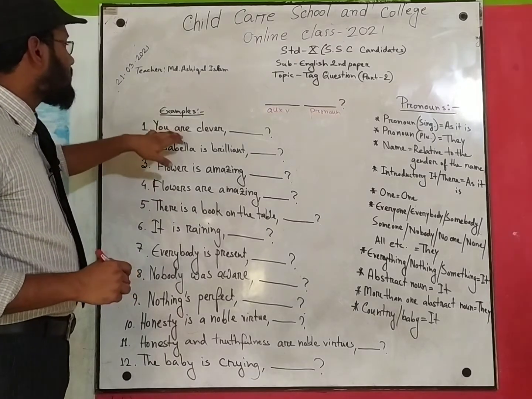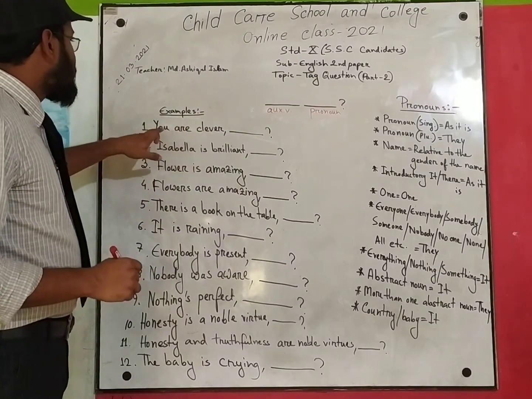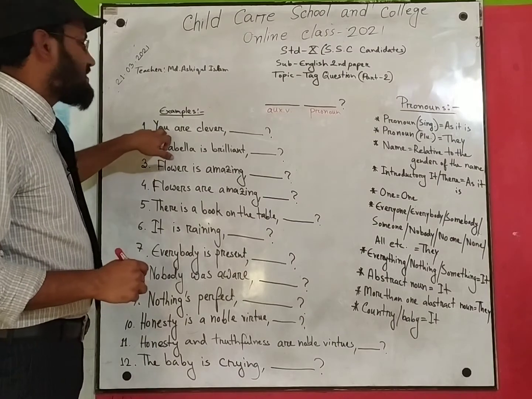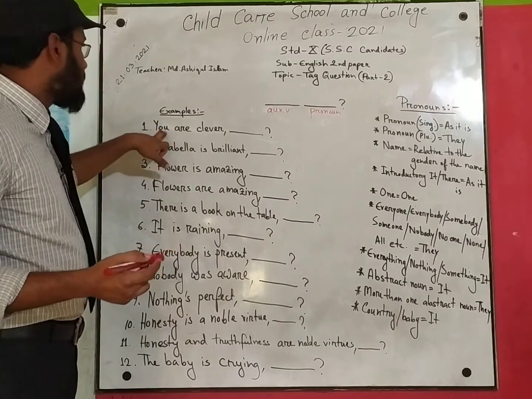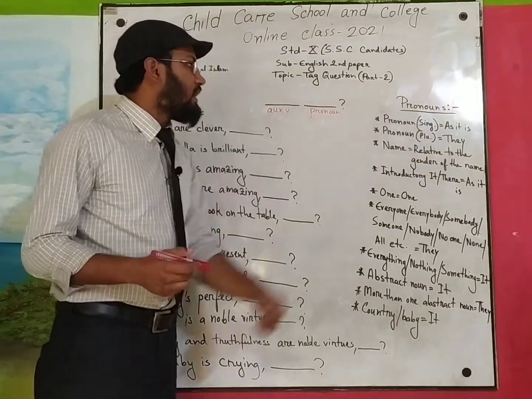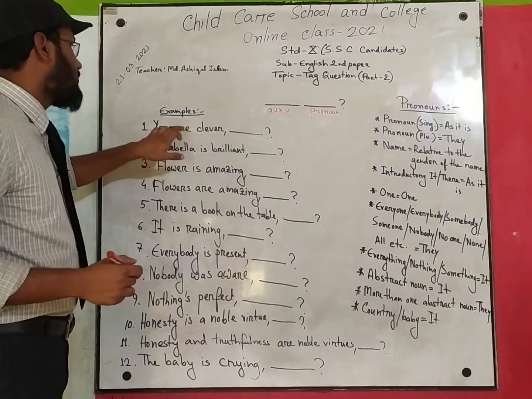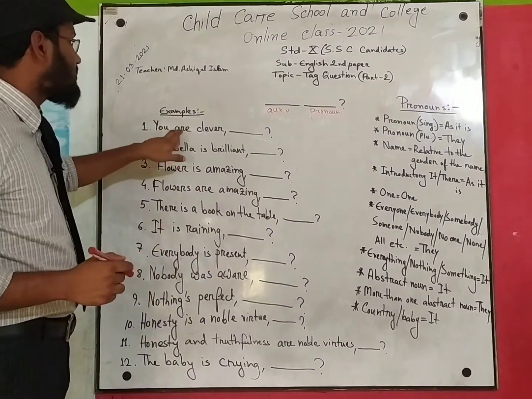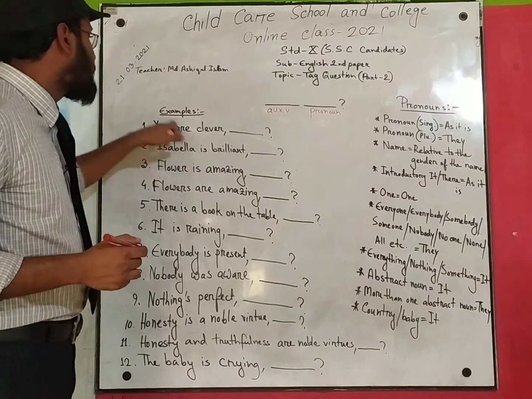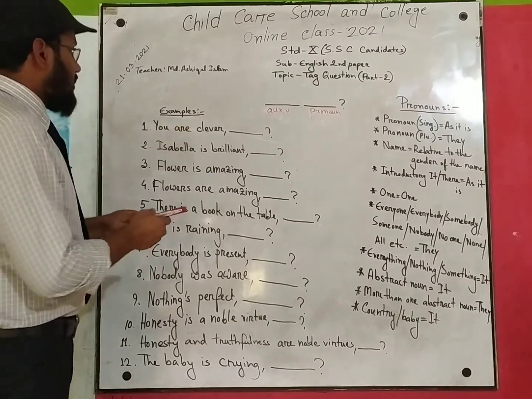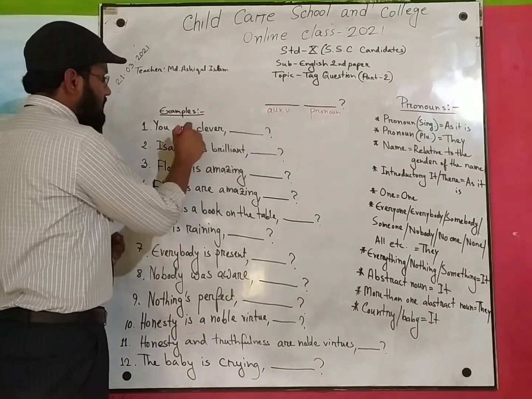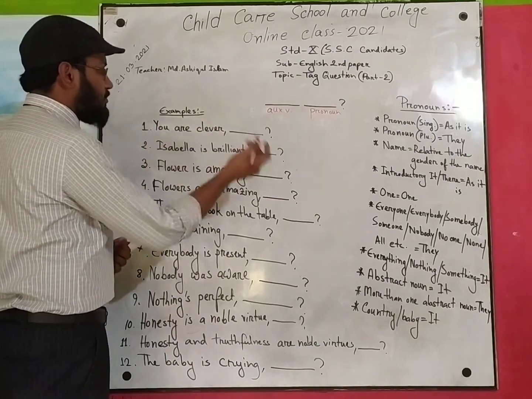The first one says, you are clever. So here the subject is you, which is a pronoun by itself. You can be both singular or plural because it doesn't really matter, as the verb always is in the plural form. So you are clever. Our auxiliary verb is are, and the pronoun is also you.